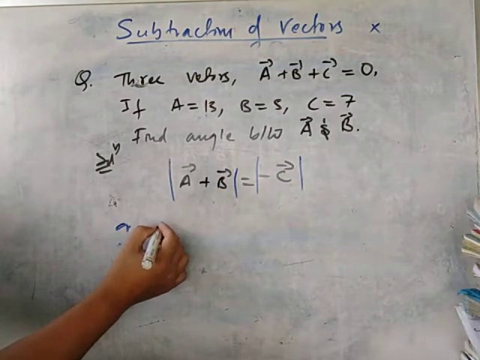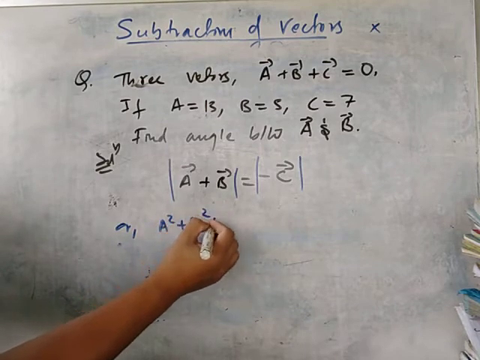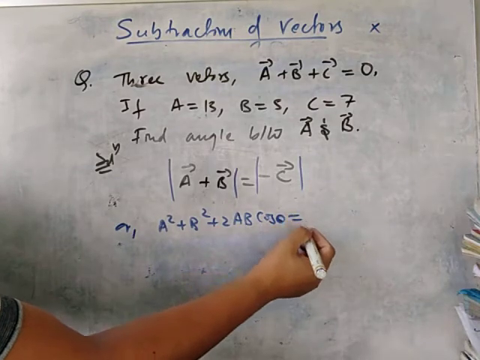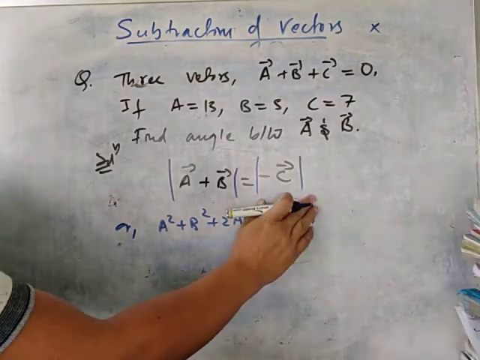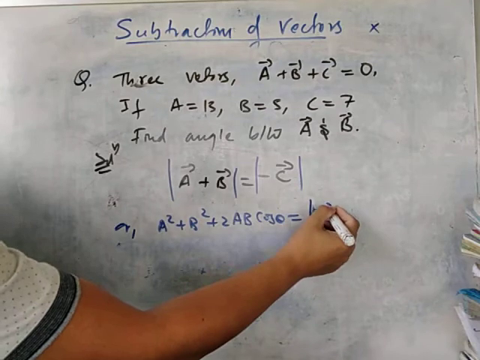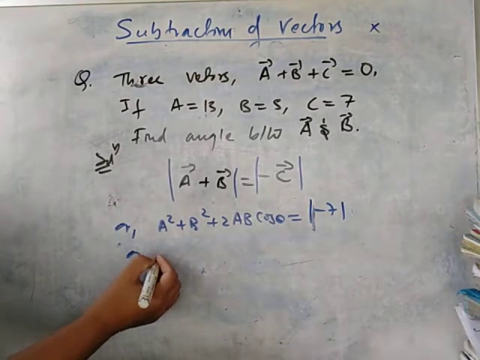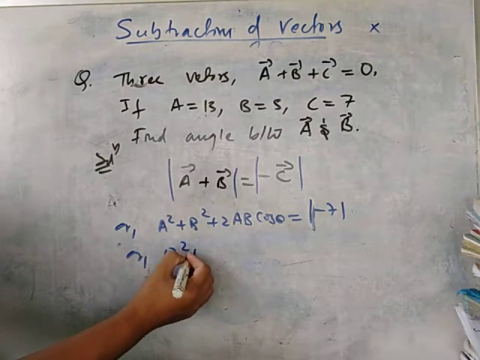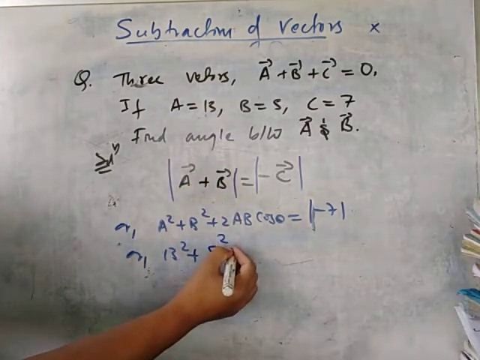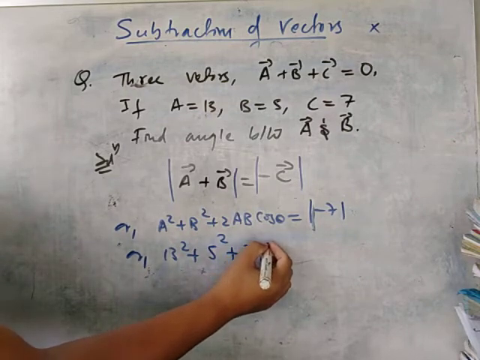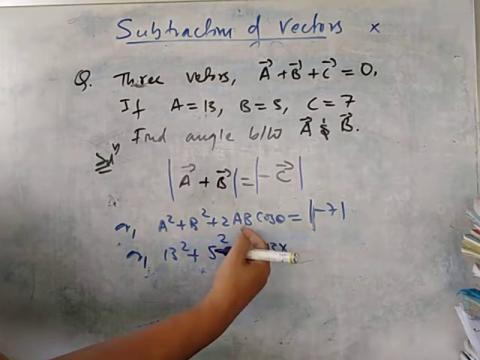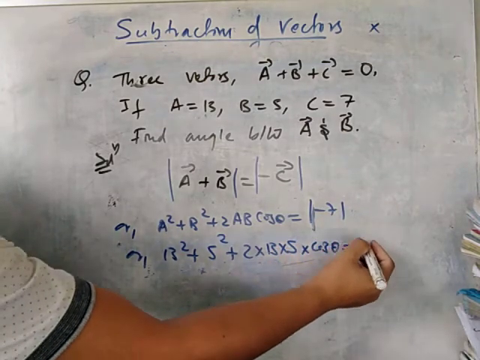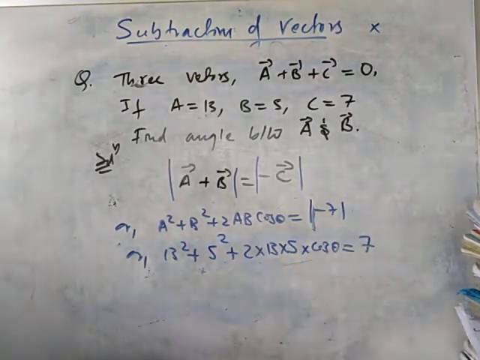So how much? A square plus B square plus 2AB cos theta equals to, how much is this? Modulus of 7 is 7. Okay, minus 7, isn't it? So A square how much, 13 square, plus B, 5 square, plus 2 into 13 into 5 into cos theta equals to 7. Okay, now what happens?